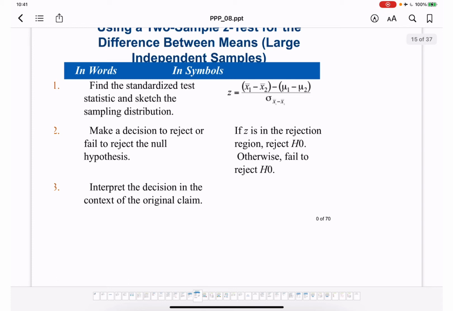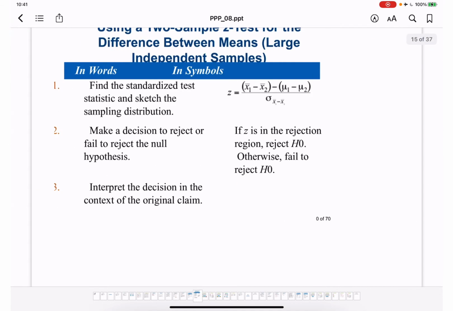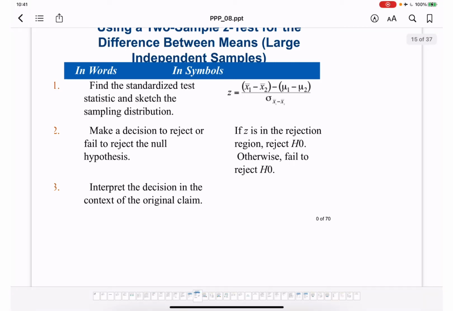Here we go into all the details. For independent samples, this is the formula for the standardized test statistic.